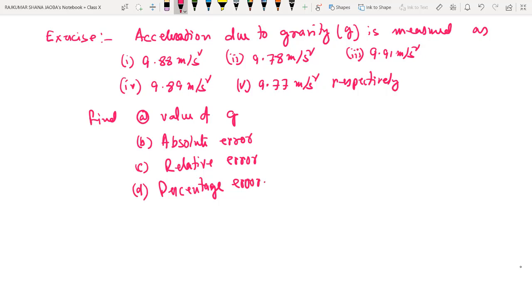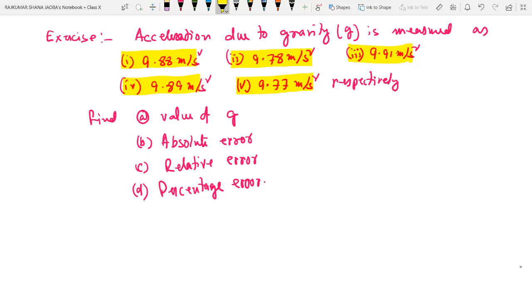So in the measurement of acceleration due to gravity, it may be by using a simple pendulum. A student did the experiment 5 times, and these are the measured values. He got 5 different values of acceleration due to gravity.